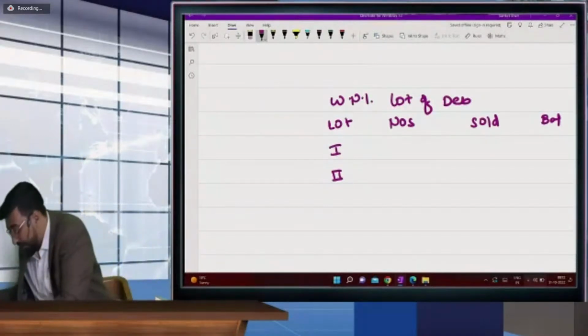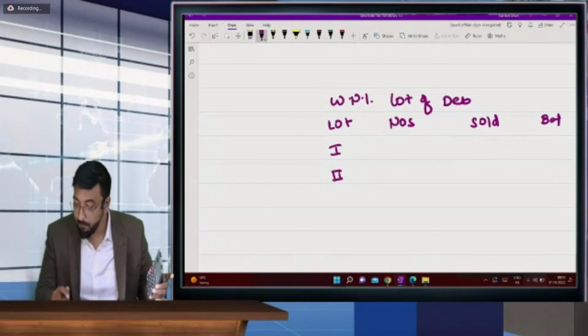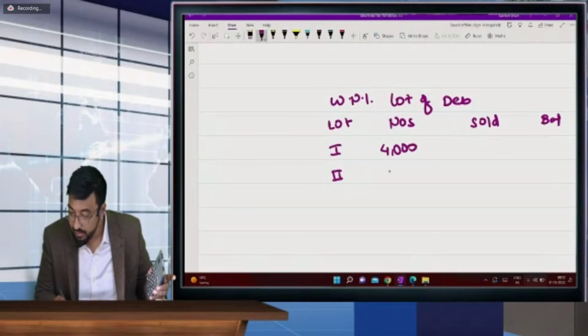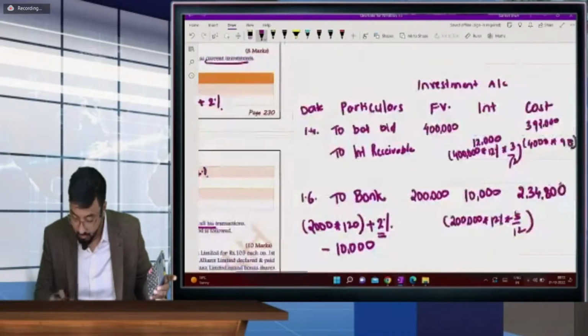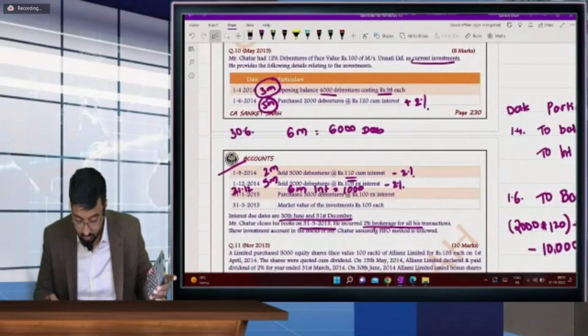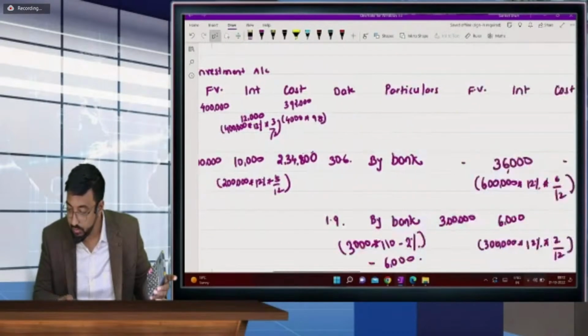Numbers starting में 4,000 and then 2,000.